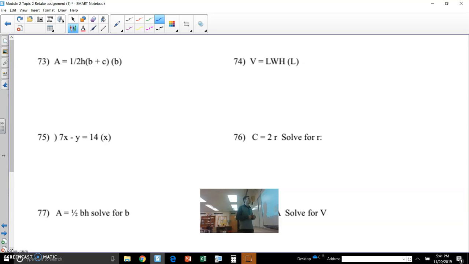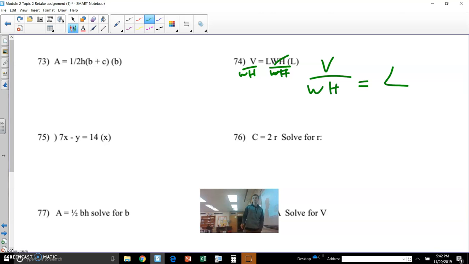Maybe we'll do 74. Trying to get L by itself, so everything's up against each other, so let's divide those to the other side. So to get L by itself, V divided by WH would leave L alone, and you would have it solved for.